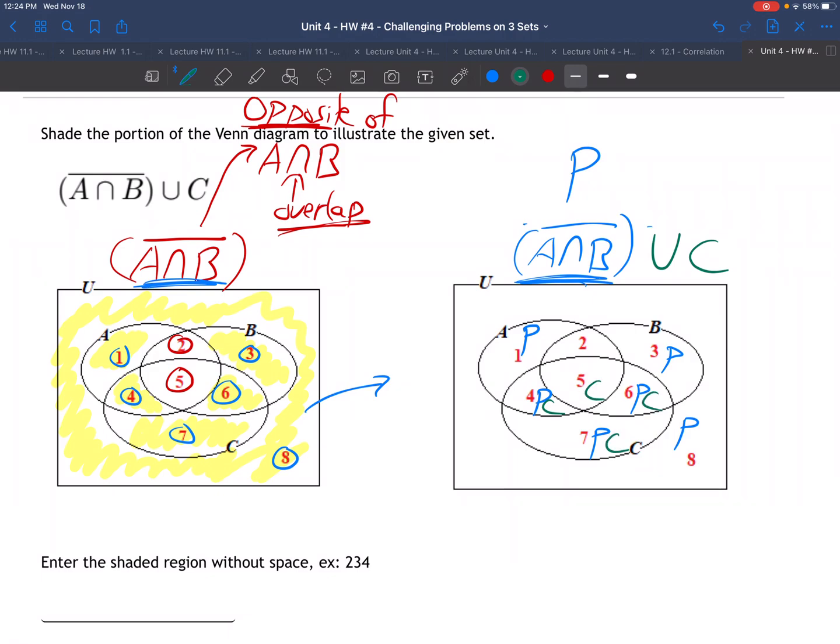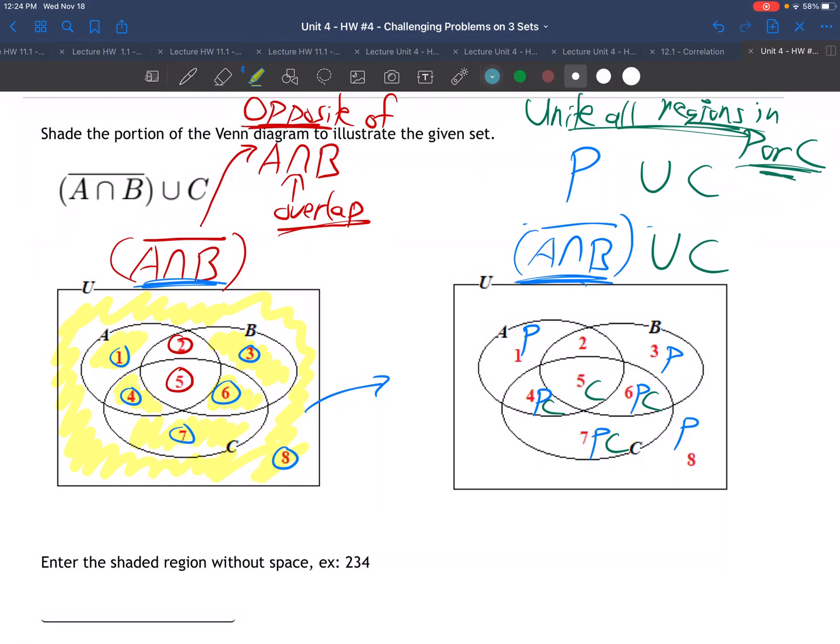And now we're supposed to unite. So that means unite all of P, all regions in P or C. Unite all regions in P or C. So what is that answer going to be?